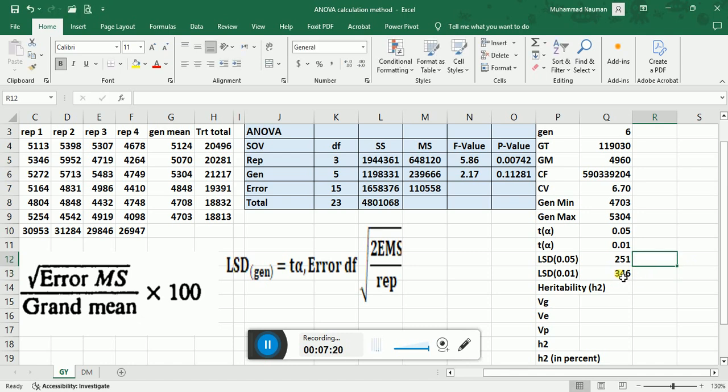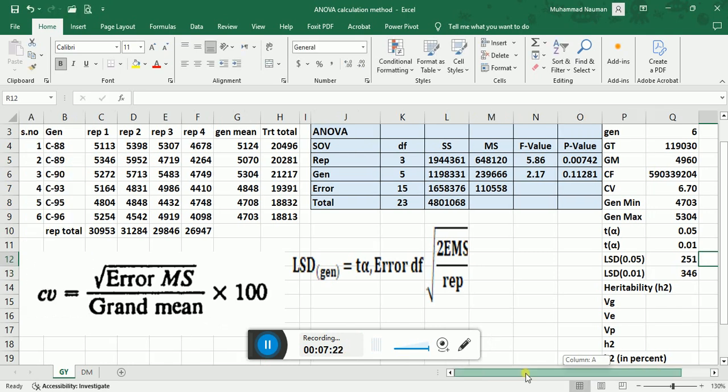As you have seen, when we check this formula, everything is in place due to the dollar sign except for Q10, that is the LSD according to 5%.